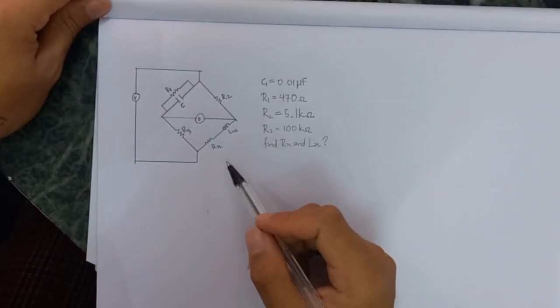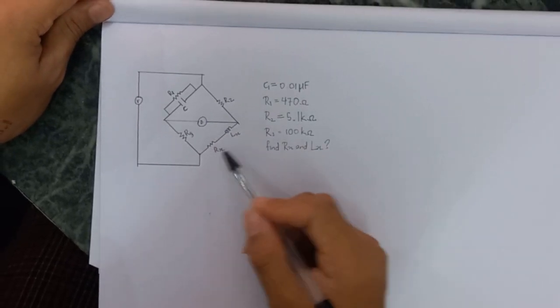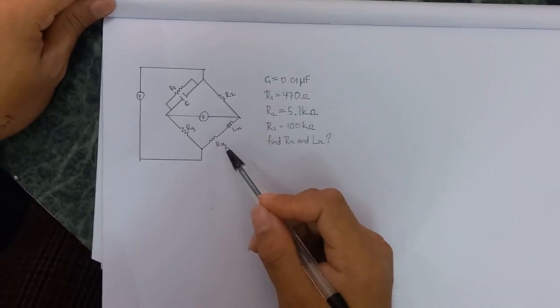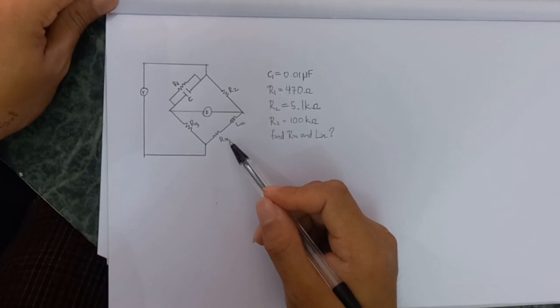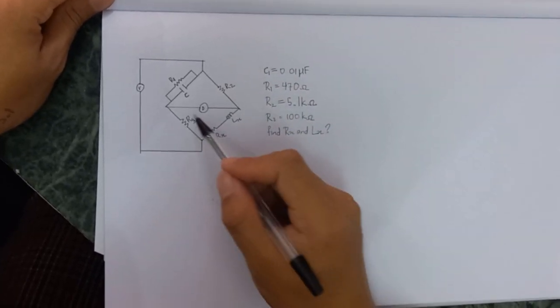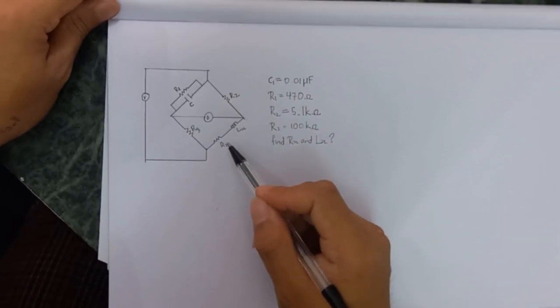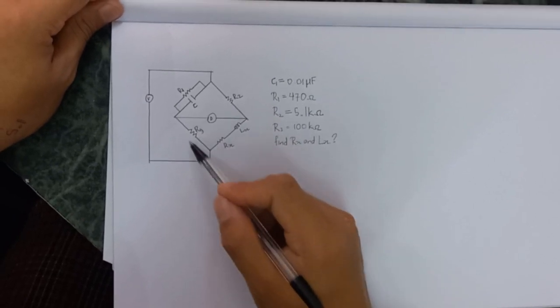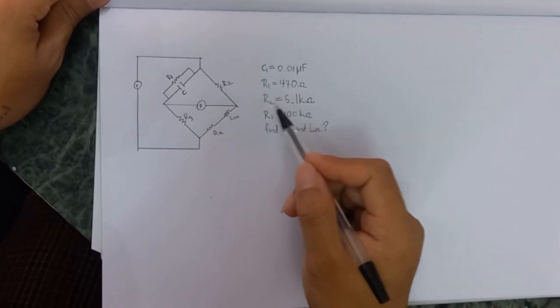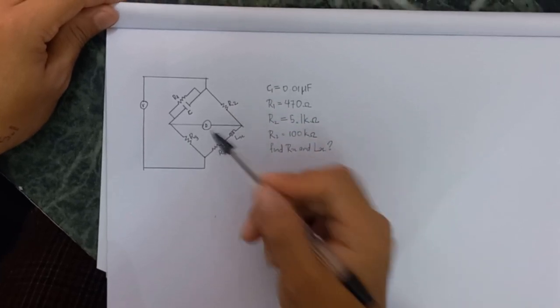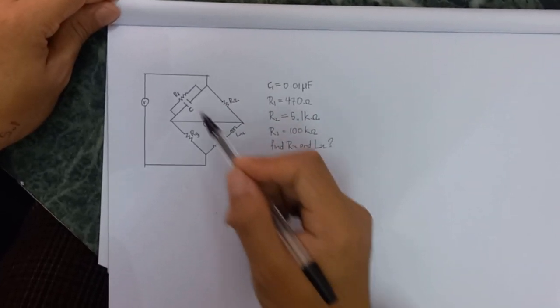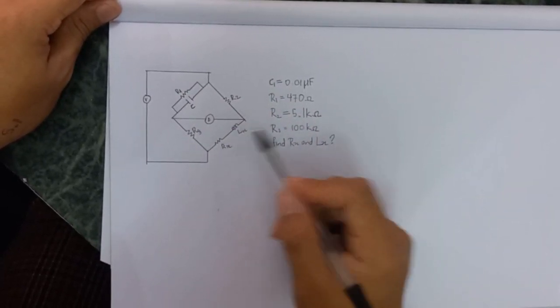If you want to find the value of Rx, you multiply the two adjacent resistors, and then divide that product by the resistor opposite to the unknown resistor.